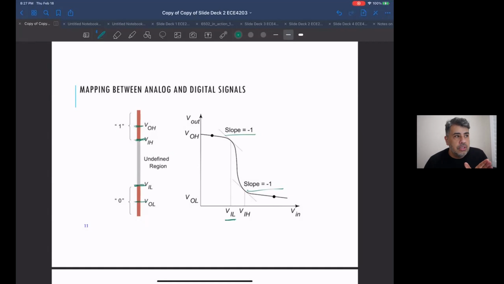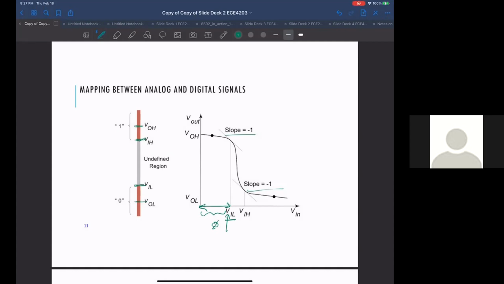V input low is the highest low value that still gives you a legitimate 0. Low values, a 0 value, go all the way from 0 to this. This is all a legitimate 0. So VIL is the maximum value that still gives you a legitimate 0, and that's where the slope is -1.